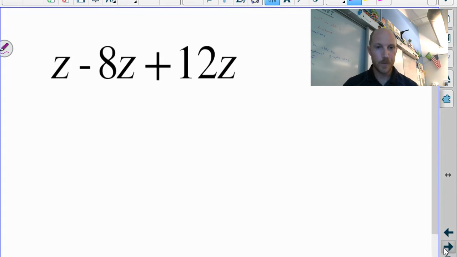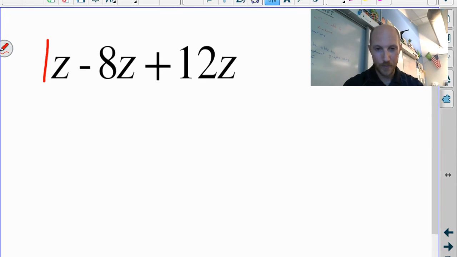Okay, here's another one. z minus 8z plus 12z. What I need to pay attention to are those coefficients. If it helps, write in that invisible 1 so you can see it. This is basically the same thing that we did earlier with adding and subtracting integers. Although technically they're not integers because they have a variable on them, we can treat this exactly the same.